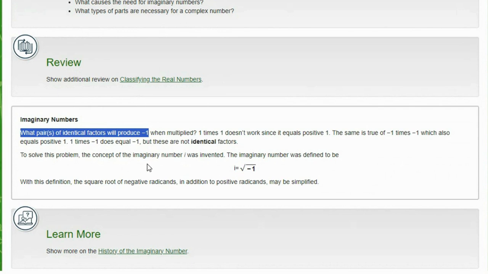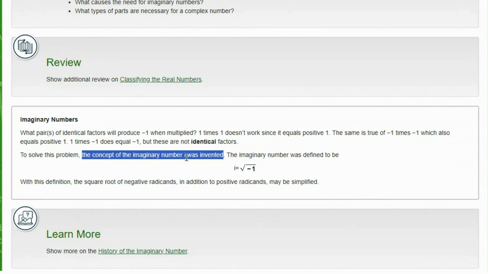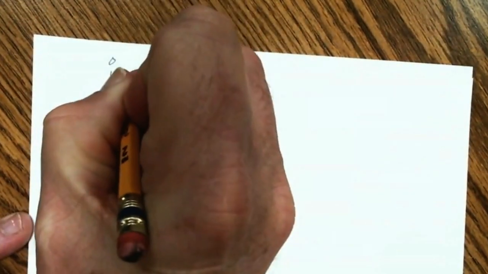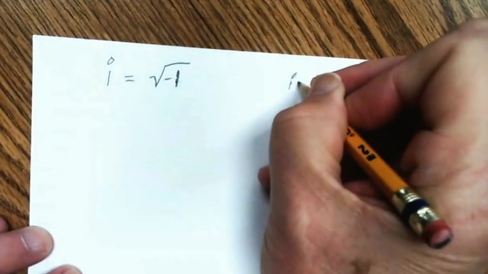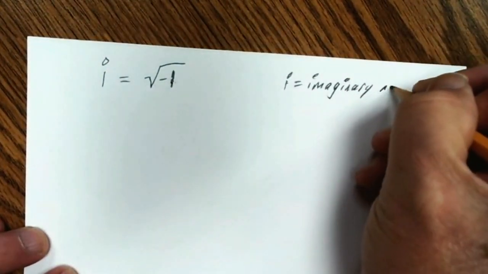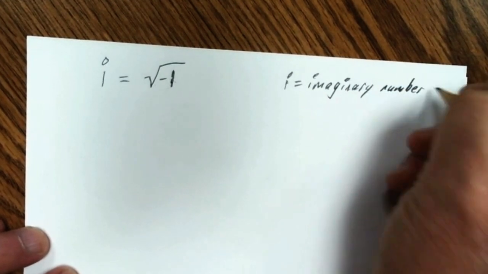To solve this problem, the concept of the imaginary number, i, is what we call it. That's the name of the imaginary number. It's the letter i. So i equals, we're going to put this in our notes, i equals the square root of -1. i is an imaginary number.